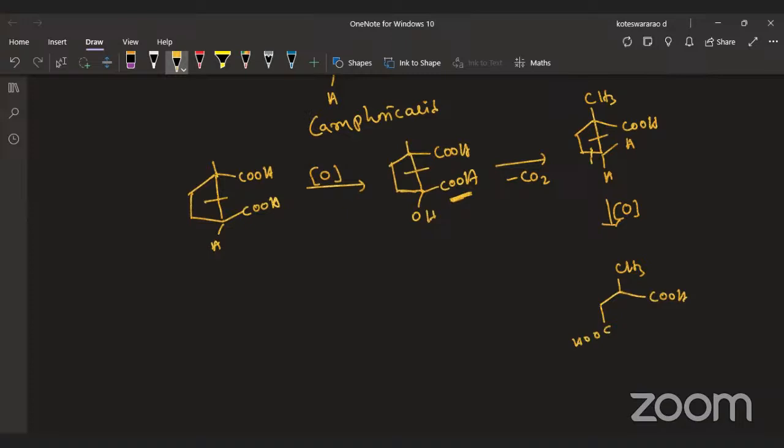Right. These two methyl groups are as it is. Then again, it also leads to the formation of a tricarboxylic acid. This is the tricarboxylic acid. An intermediate is generated first.